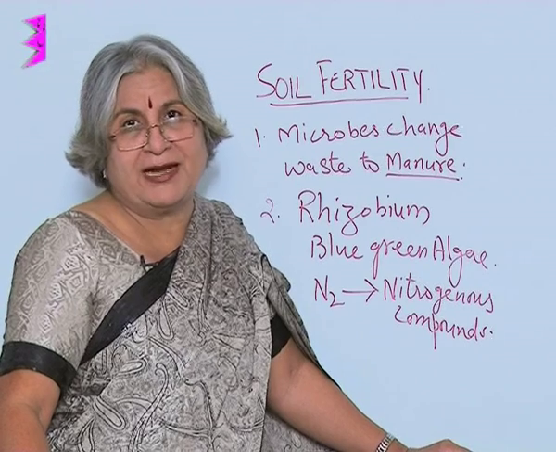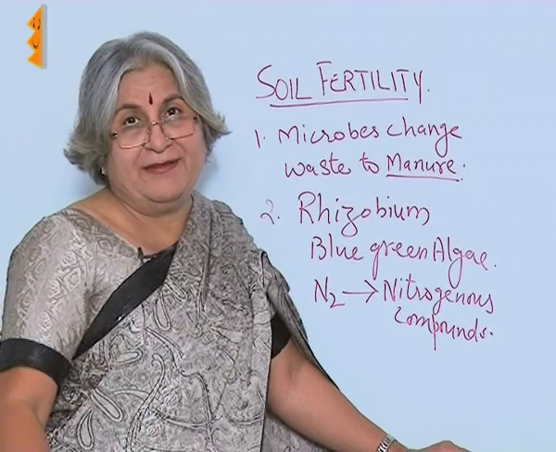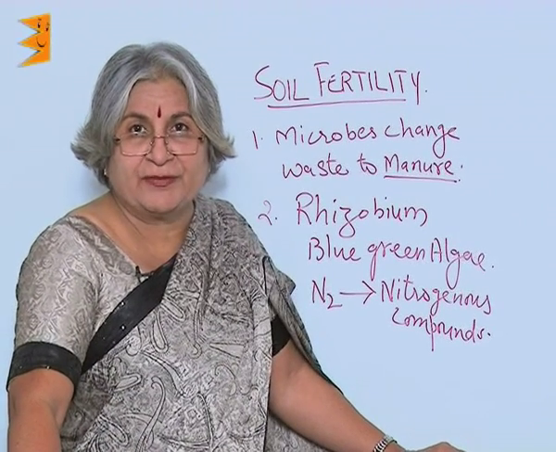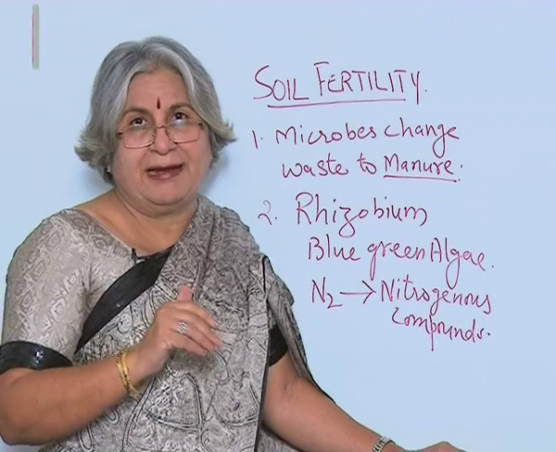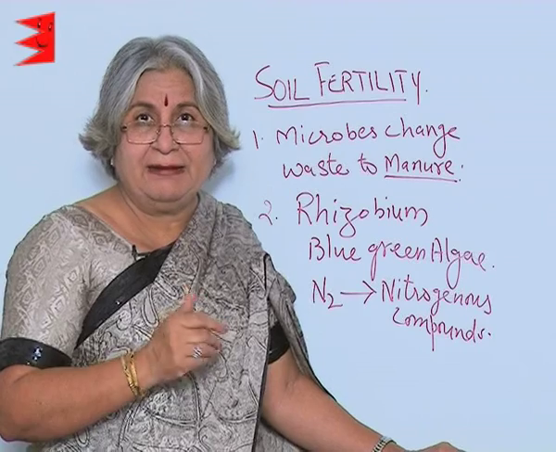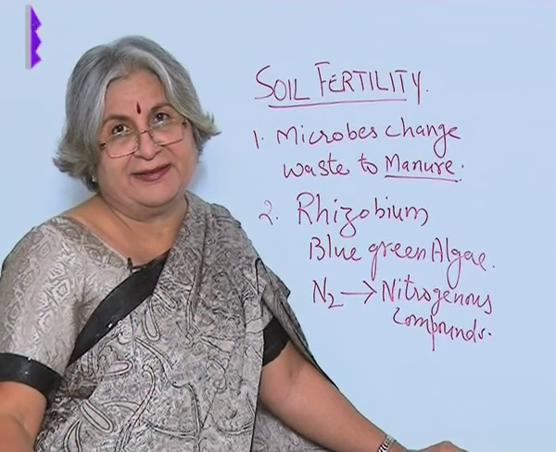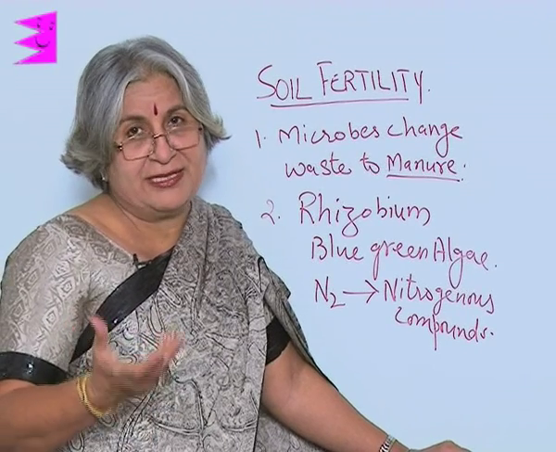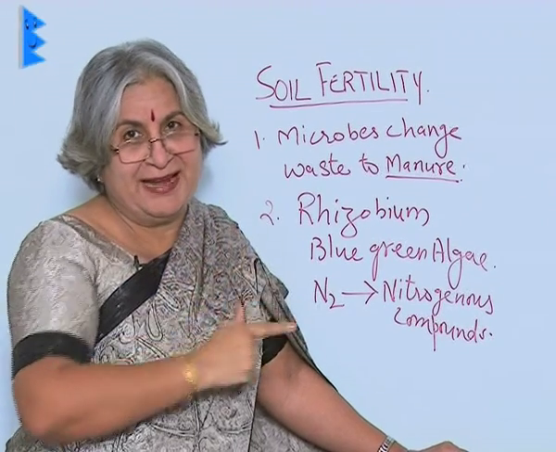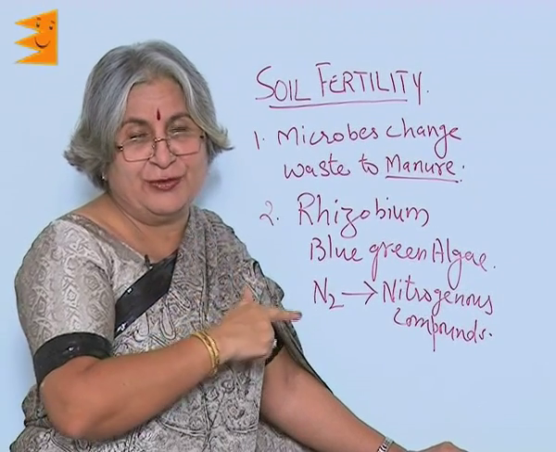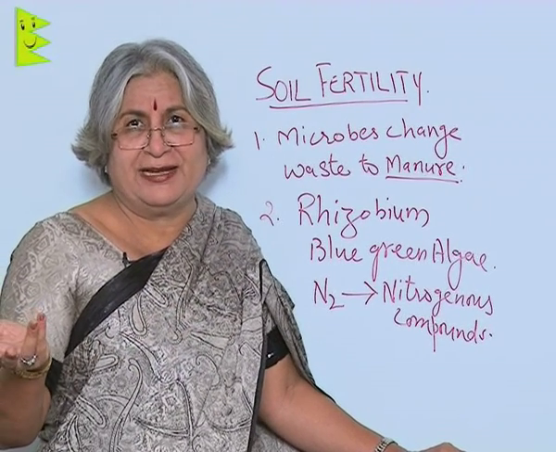So, when leguminous plants are grown either along with or in a successive pattern, it is called rotation of crops, which means one season say wheat, the second season gram or pea, then the nitrogenous deficiency gets removed without using fertilizer, in a natural fashion, because legumes have that power of rhizobium, and rhizobium can change nitrogen to nitrogenous compounds. No need to spoil soil by using fertilizers.